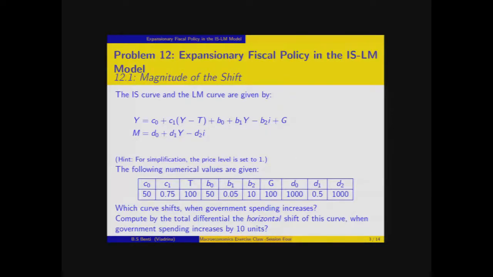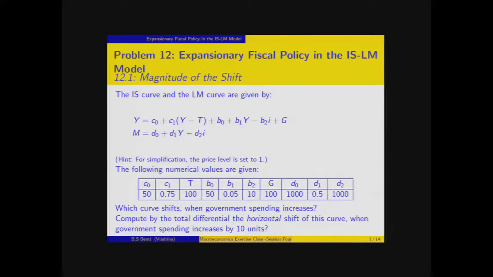The first problem of our session 4 is expansionary fiscal policy in the IS-LM model, which investigates the magnitude of the shift. As you have already seen earlier in session 3, we have defined the IS curve and LM curve using these two formulas that are displayed.